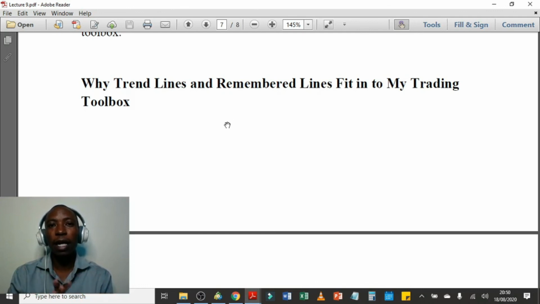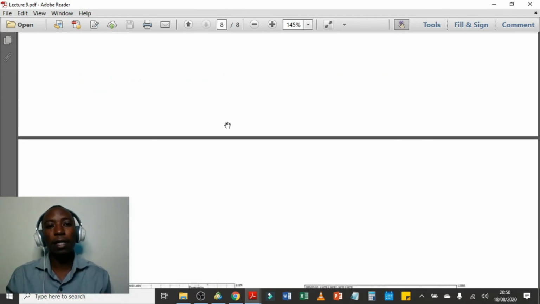Combining these three technical analysis tools, that is the moving average, the trend lines, and the Fibonacci, will ensure that you master the market and you maximize your trading opportunities by making huge profits, by being able to identify the direction of the trend, being able to define your risk, and most importantly, using a tool that is unambiguous.